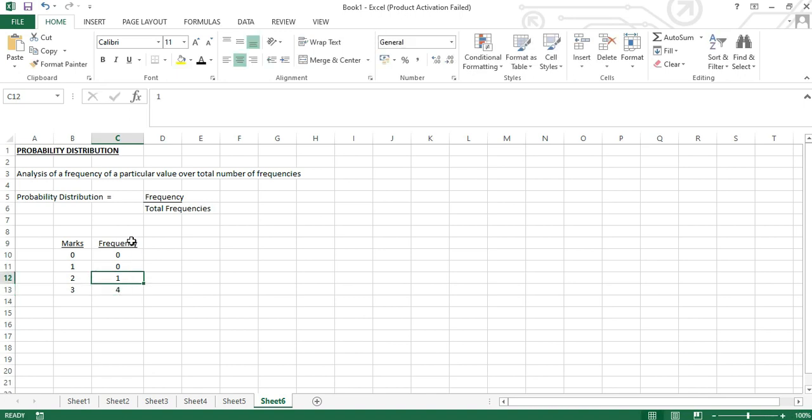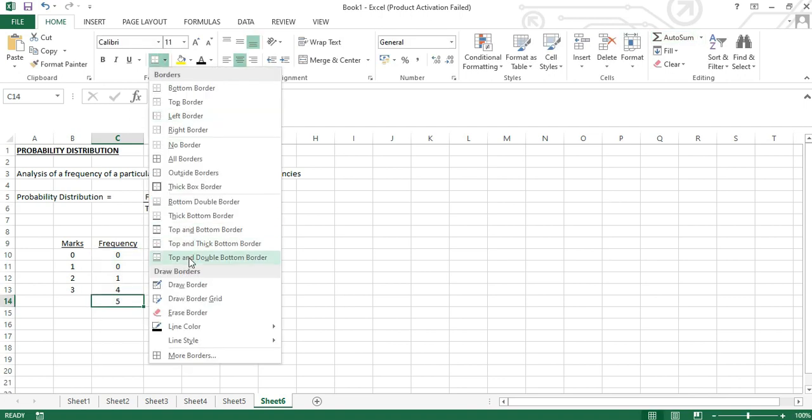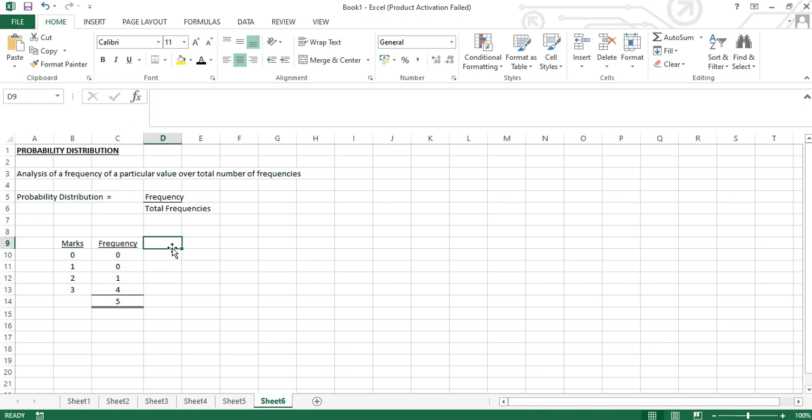Therefore, you know that the frequency represents the number of times a particular mark is obtained. In this case, we have obtained 2 marks only once and 3 marks we have obtained 4 times. So, the total number of times we obtained marks from 0 to 3 is 5 times. Now, what is the total marks?